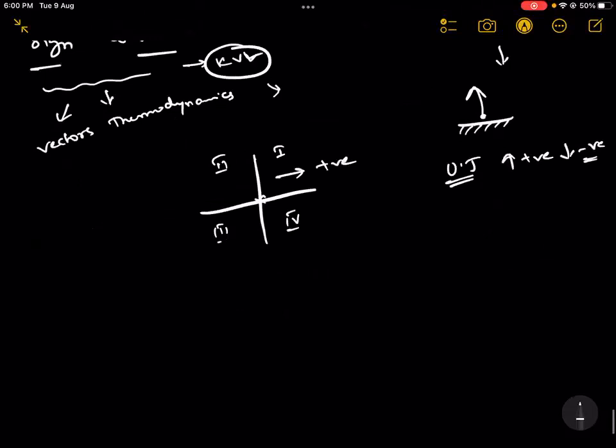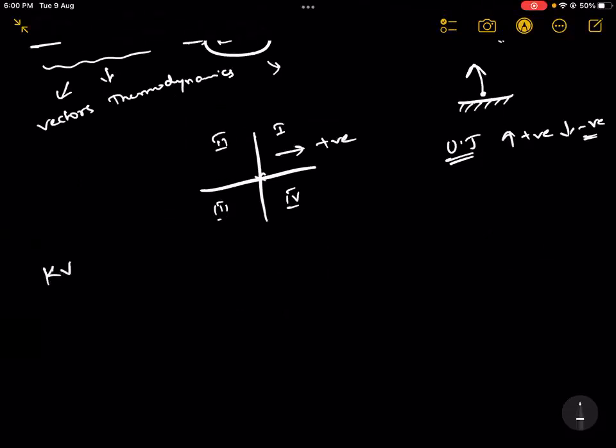In a similar context, when you come to KVL, my logic is, Harini, listen to this. When you move in the direction of current, I say current flows from higher to lower potential. If you throw an object from second floor to ground floor, is that object losing energy or gaining energy? Here you can ask me, which energy are you trying to talk about, sir? Here itself contradiction starts.